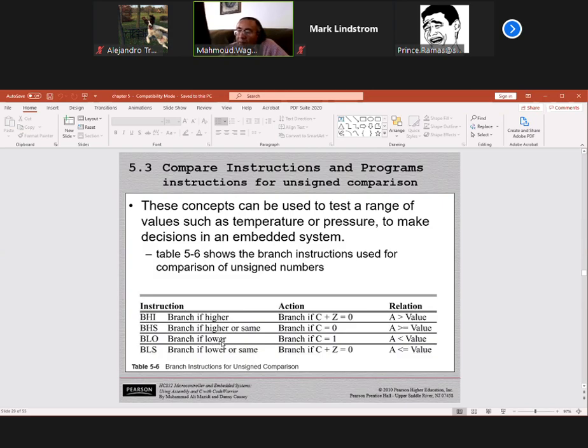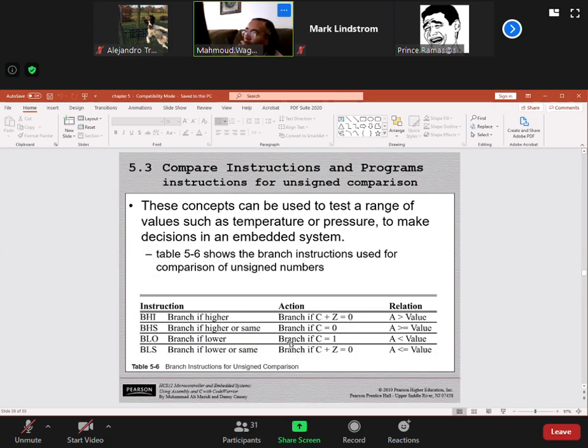Lower means the number is negative. So, in other words, if you're comparing A with some value and A is smaller than that value, then the carry flag is going to go high.